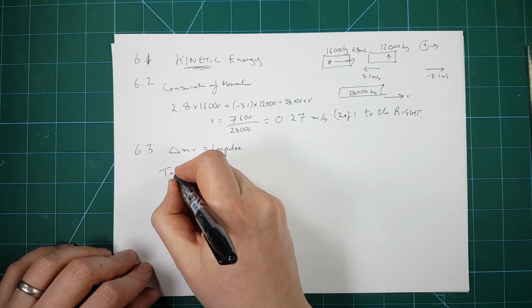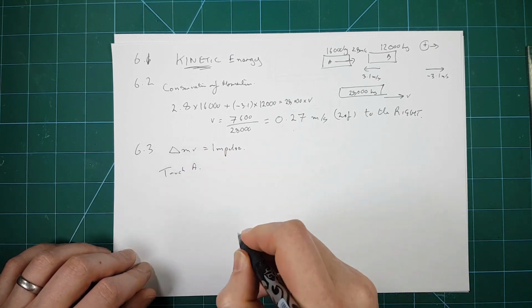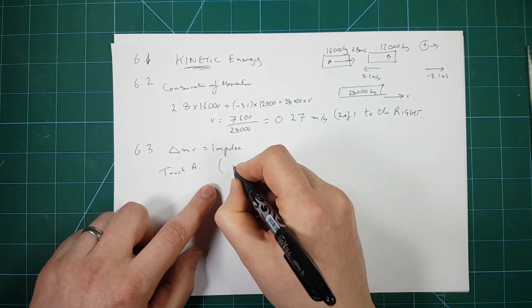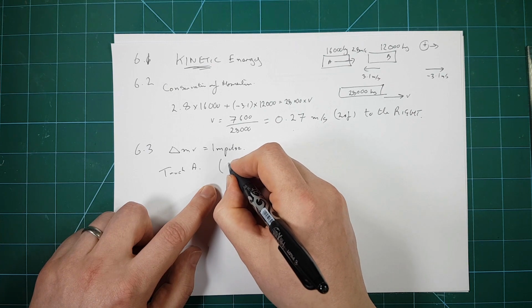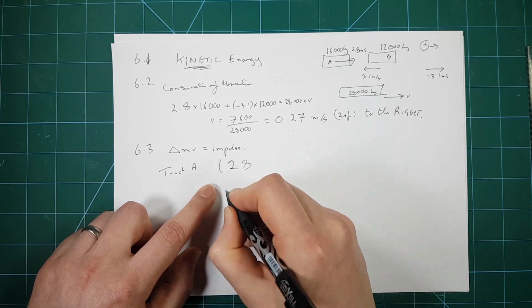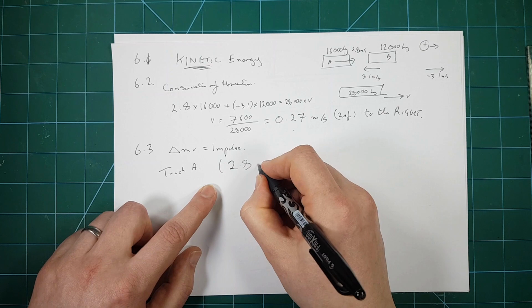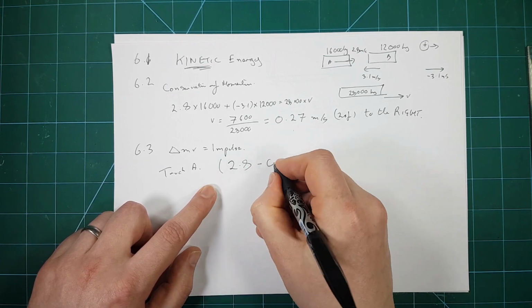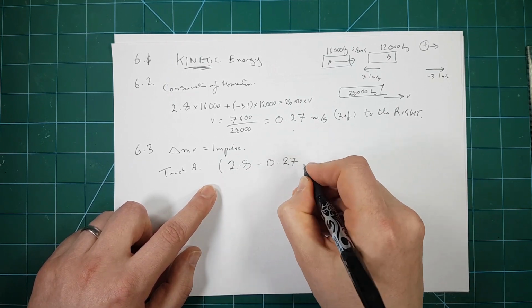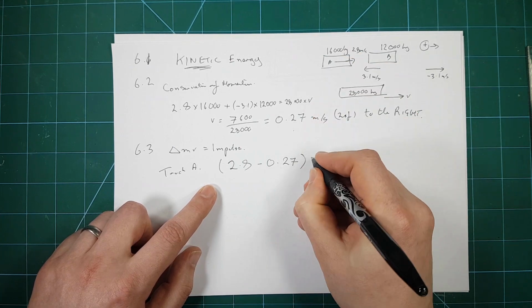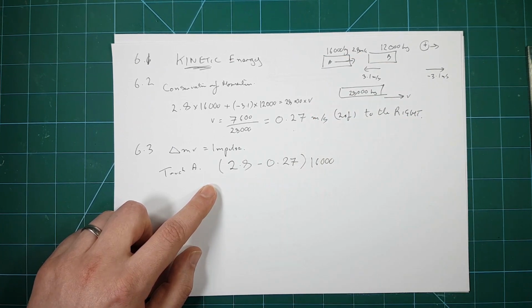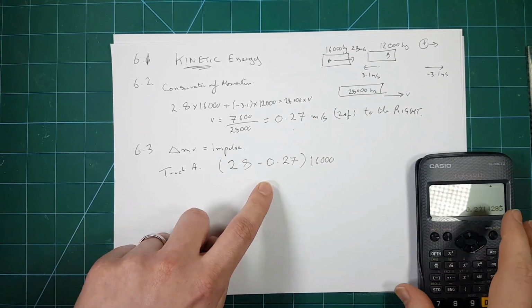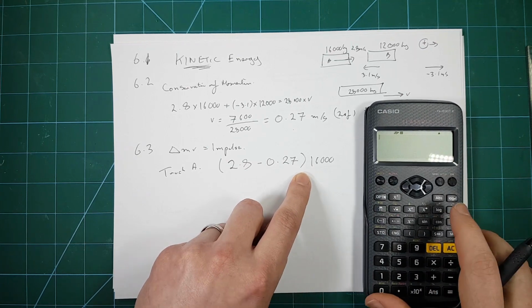So we'll do truck A. So truck A, the change in momentum is 2.8, its velocity, take away the final velocity, that's the change in velocity, times by its mass, because its mass isn't changing.